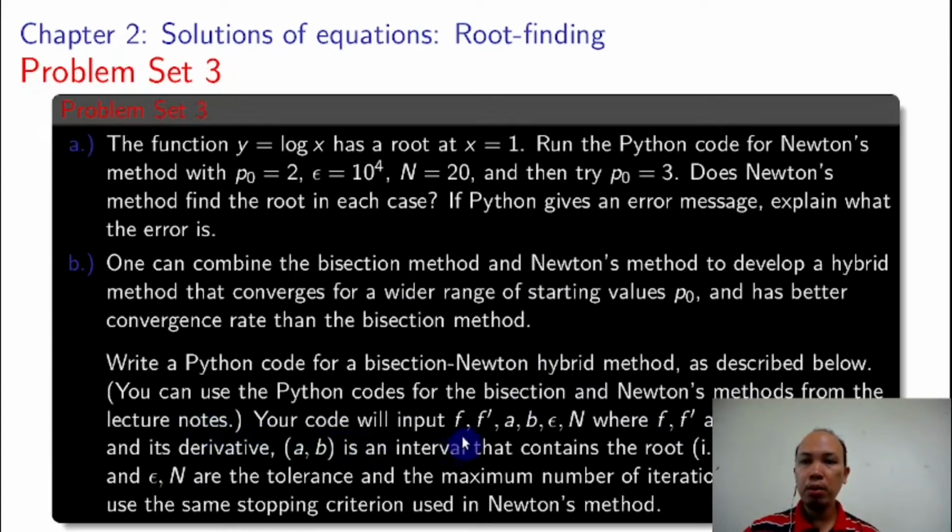Your code will input the function, the first derivative, the interval AB, the tolerance, and the number of iterations, where f and f prime are the function and its derivative. Also the interval AB that contains the root, as in the bisection method. And as I've said, epsilon is the tolerance and n is the number of iterations.